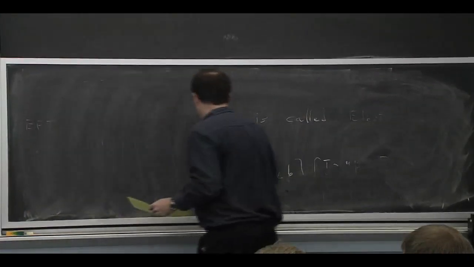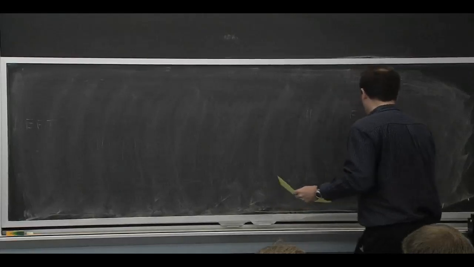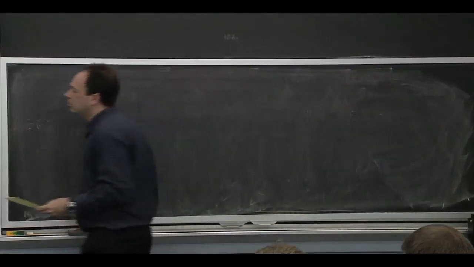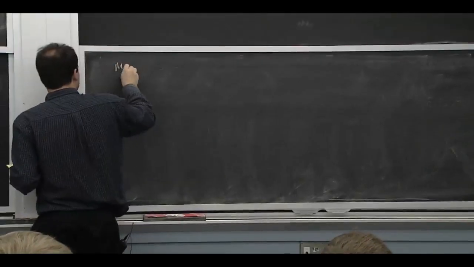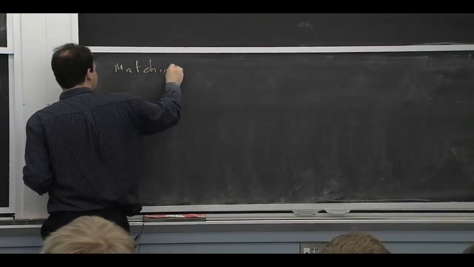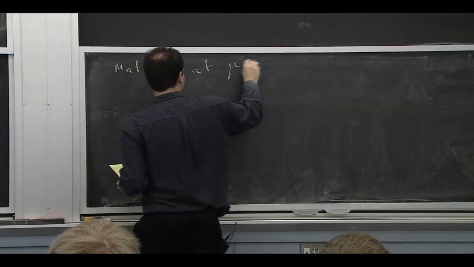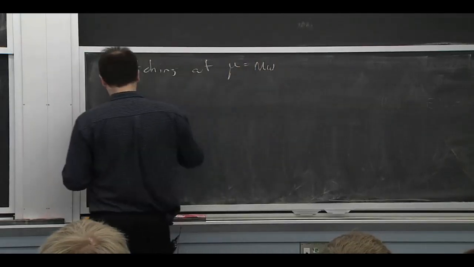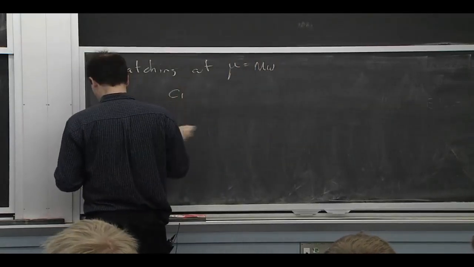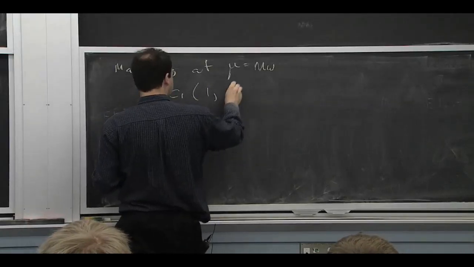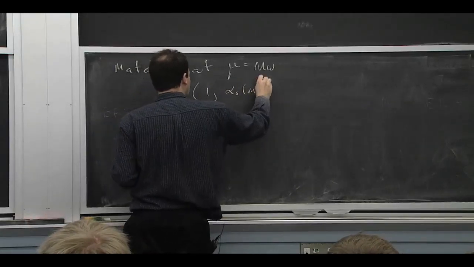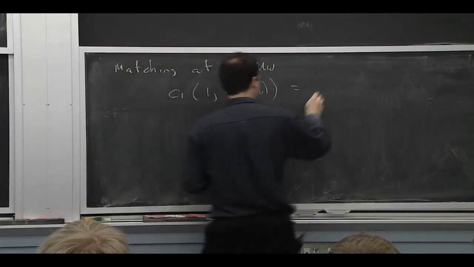So then what tree-level matching is saying is that you got one of these operators and you didn't get the other one. So it says that at tree level, what we did before, let's just say we do matching at mu equals mw, and C1 at 1, which is mu over mw equals 1, and alpha at mw is 1.